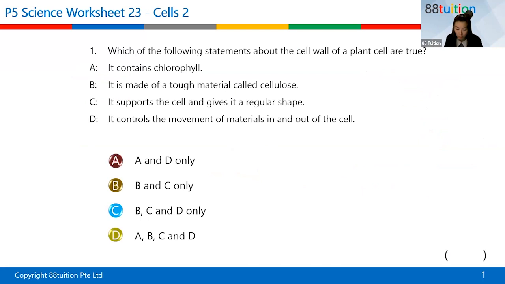Now let's go on. Question 1: which of the following statements about the cell wall of a plant cell are true? Does it contain chlorophyll? We are talking about the cell wall. Does it contain chlorophyll? Yes or no? No. Zesi, you said hi. You wanted to tell me something?